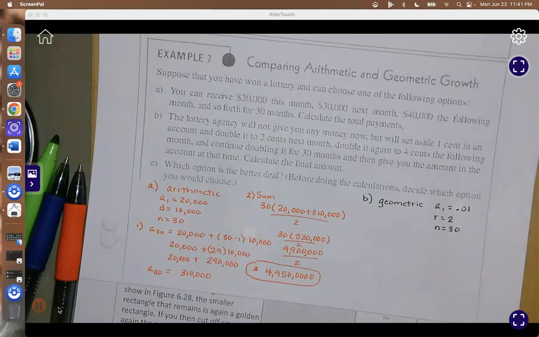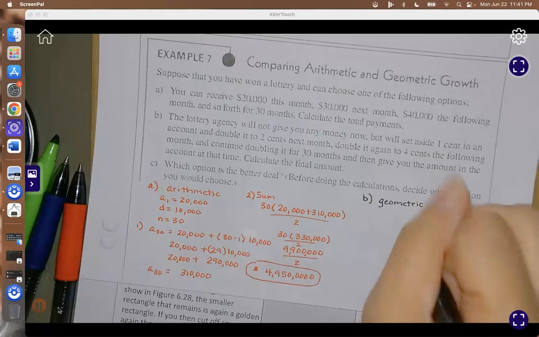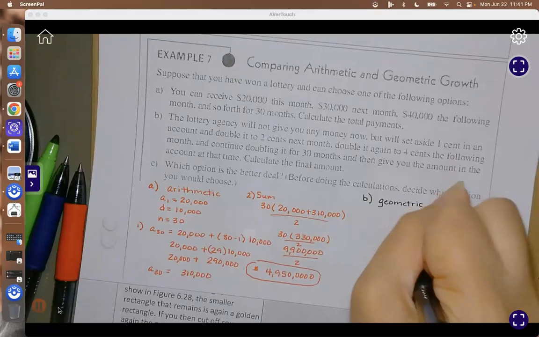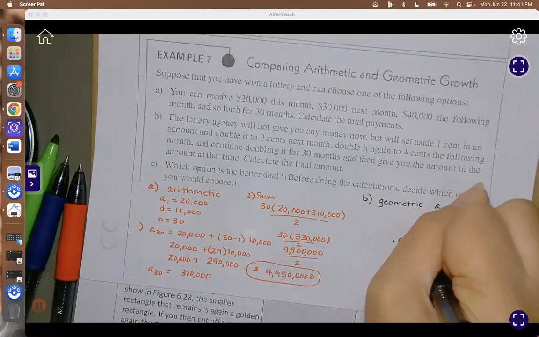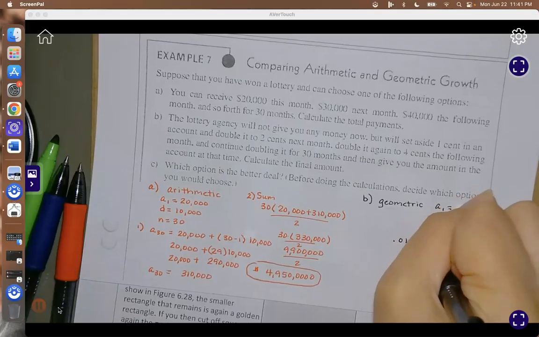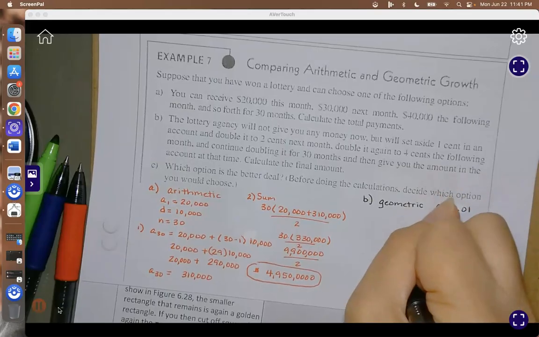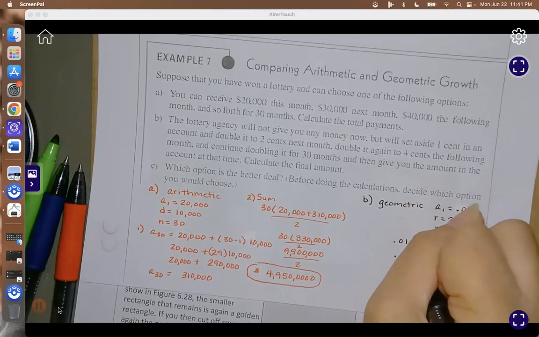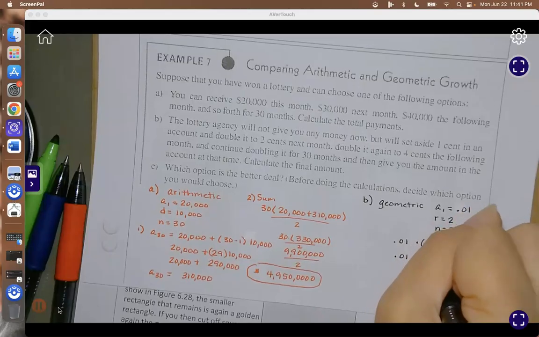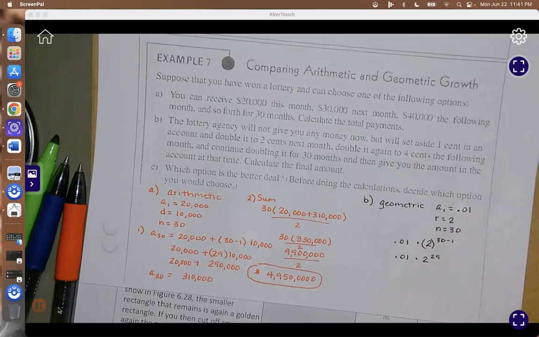Okay, so what we're going to do here is 0.01 times 2 to the 30 minus 1. So 0.01 times 2 to the 29th power.